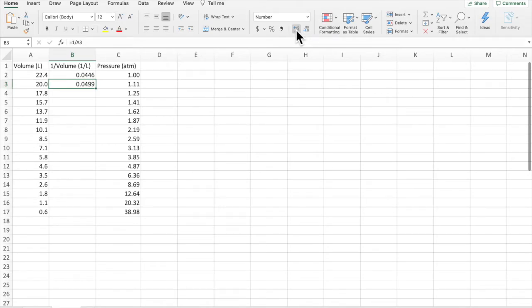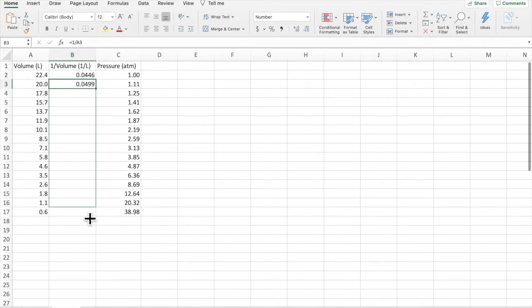The other thing that you could do is, you see how on this box that's surrounding that now 0.0499, you see that small square in the corner? I could grab a hold of that, and you can see how my cursor changes. I could grab a hold of that and pull it down.